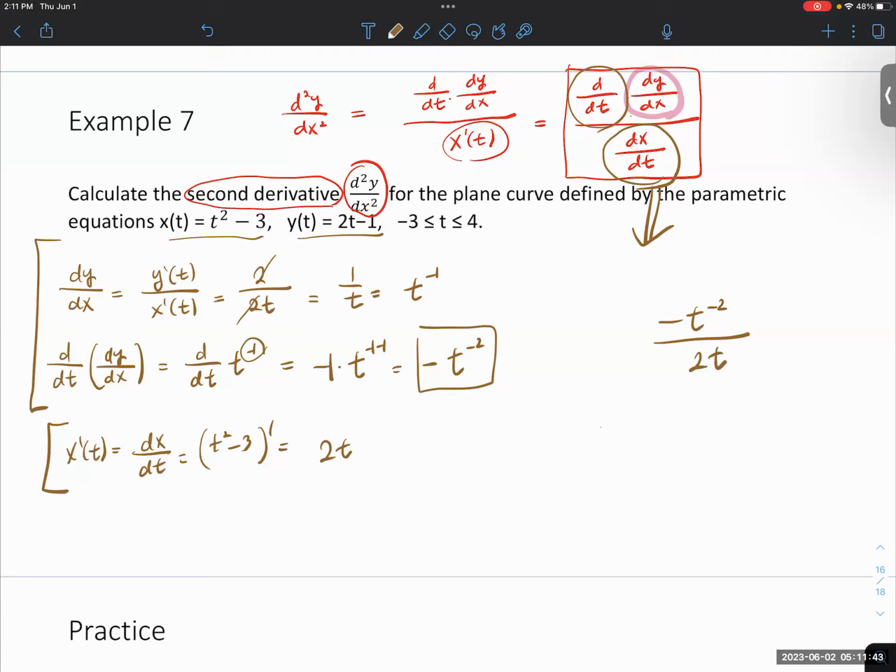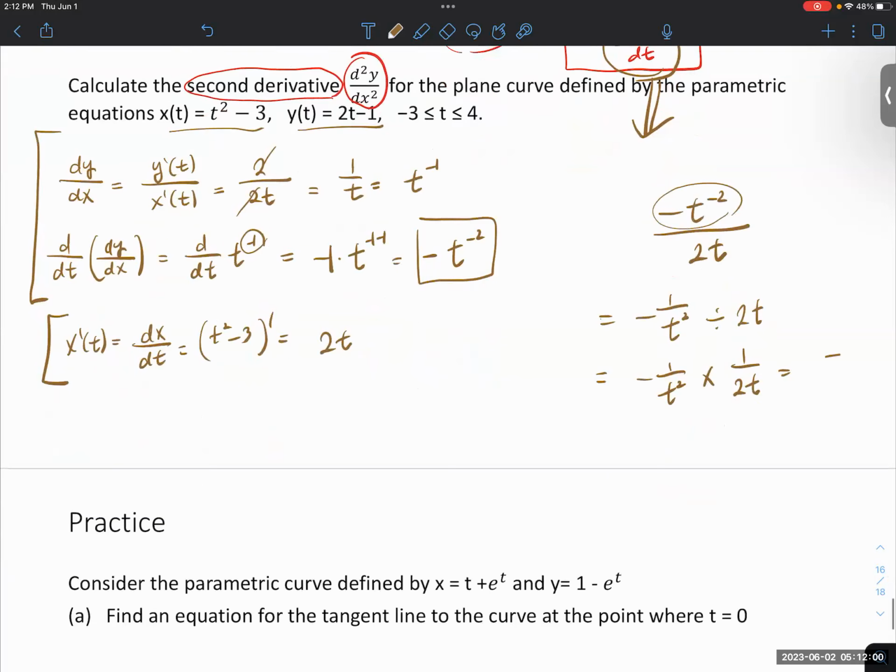And I can flip over everything. This means negative 1 over t squared, because a negative exponent can be changed to positive, divided by 2t. Flip, so the final answer will be negative 1 over 2t cubed. Got it. We got the second derivative of the parametric equation.